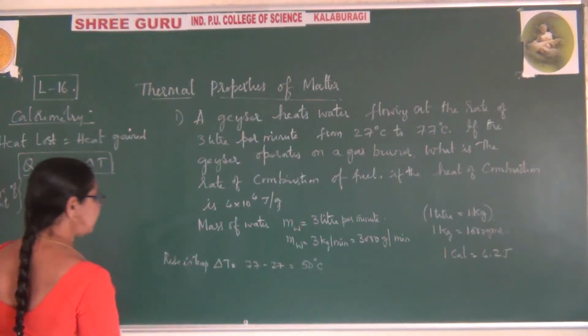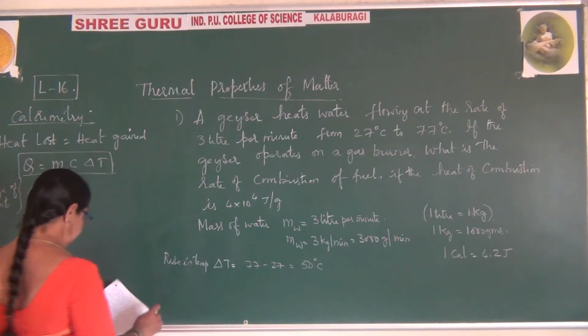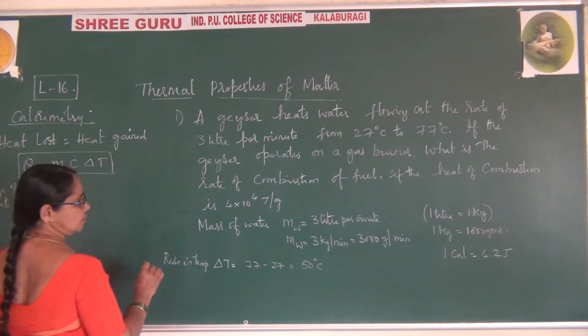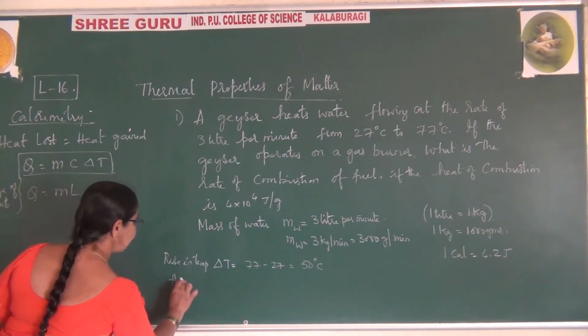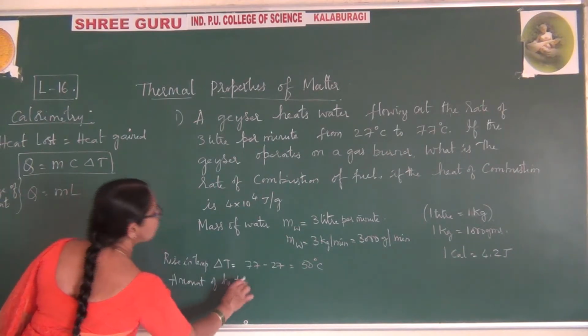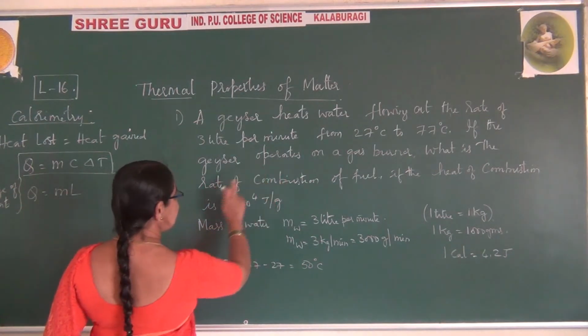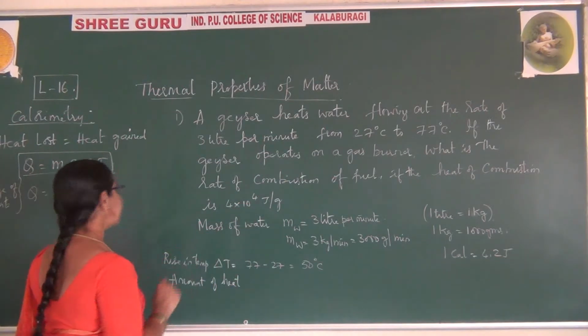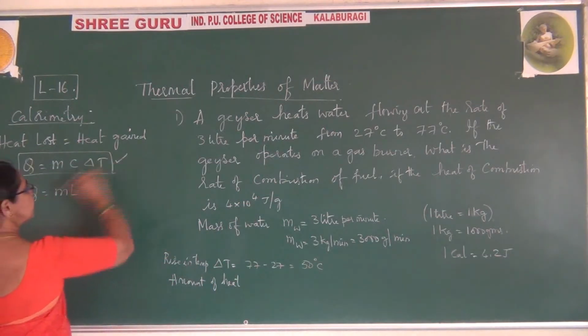Now let me write the rate, that is nothing but the amount of heat. First we had to calculate the rate of combustion. Before going to that, you have to calculate this amount of heat using this formula.